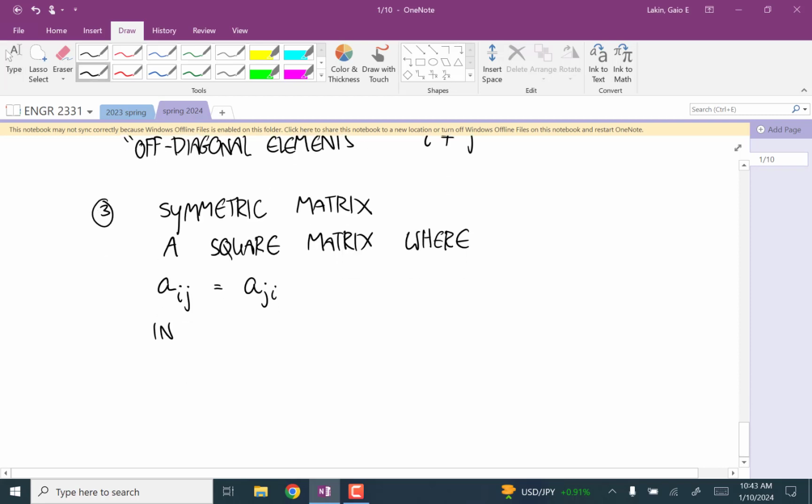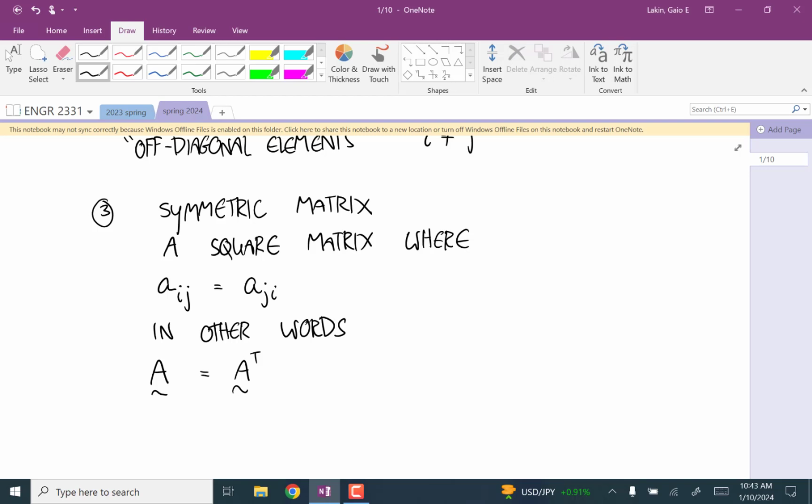Or in other words, the matrix is equal to its transpose. So it always has to reflect over those diagonal elements.